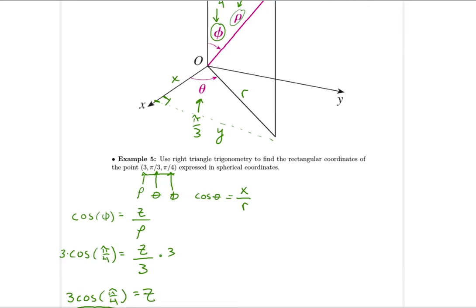Theta is pi over 3, so the cosine of pi over 3 is equal to x over r.